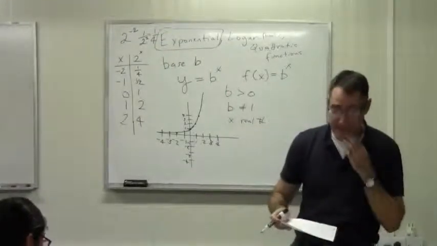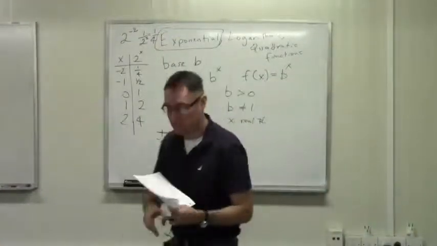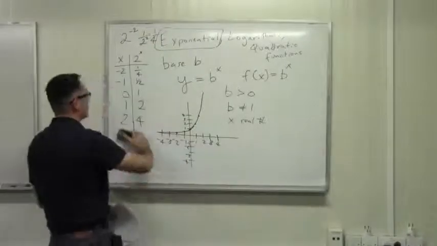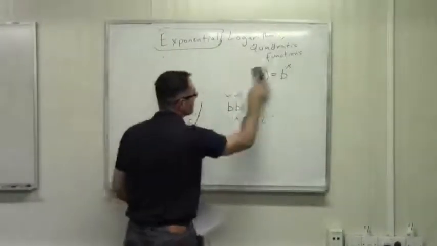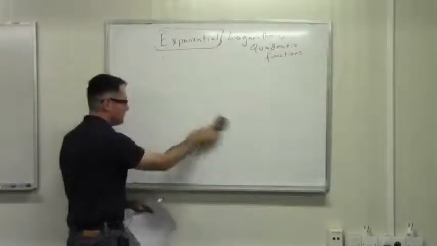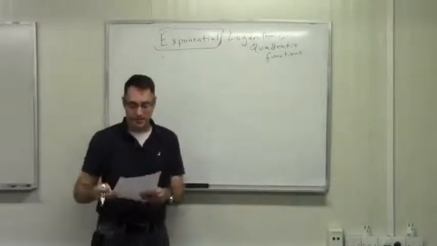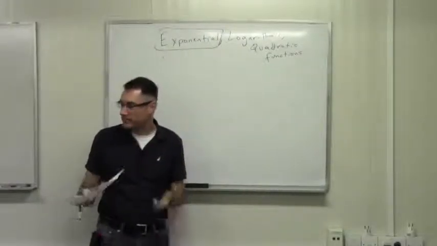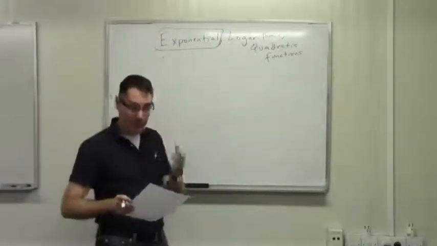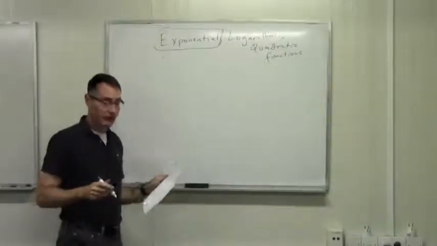This is 7.6 in the book. Here's where we might use this. You guys know the population of the Earth is getting bigger and bigger every year, right? Well, it's modeled with an exponential function.